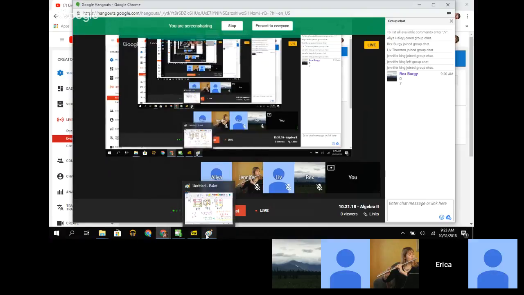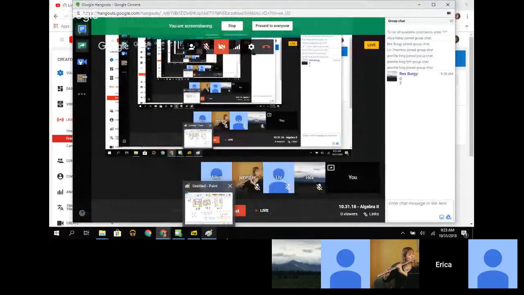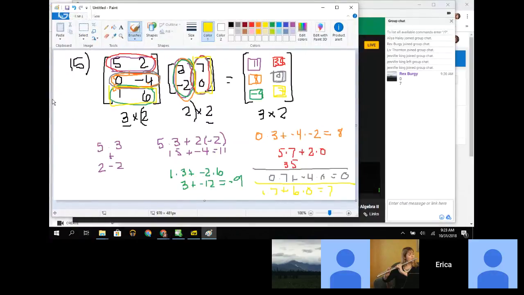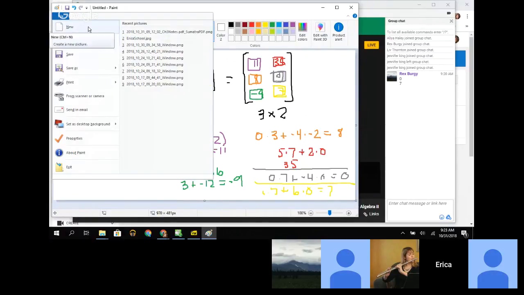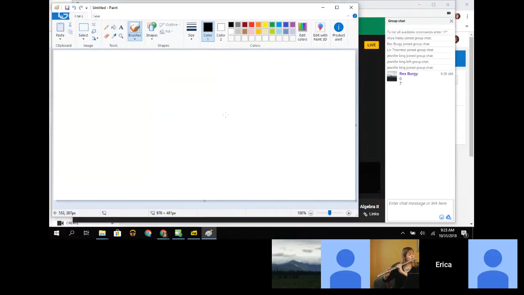Everybody's quiet today. How about I put number 13 on here and you guys try it and see if you get it? Because sometimes until you try it, you don't know if you are actually getting it or not.